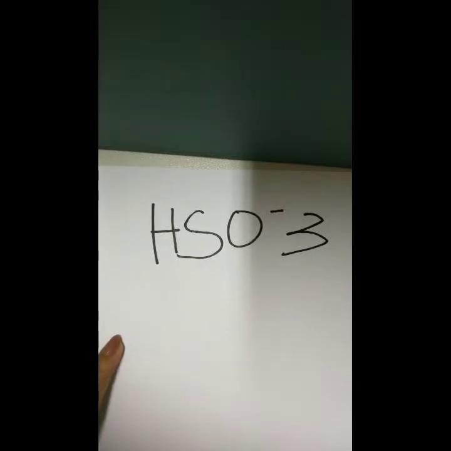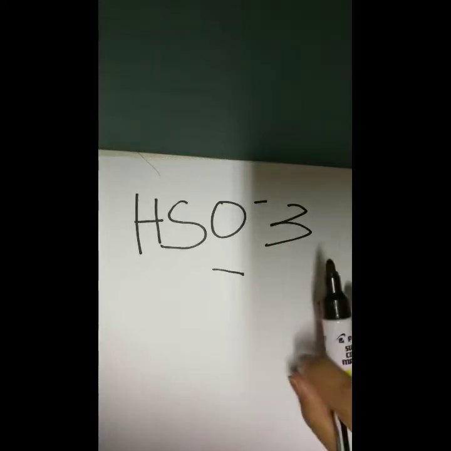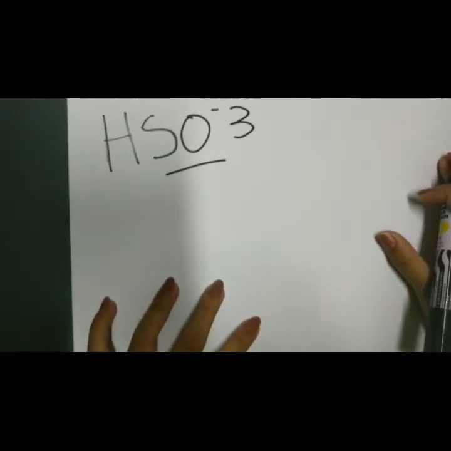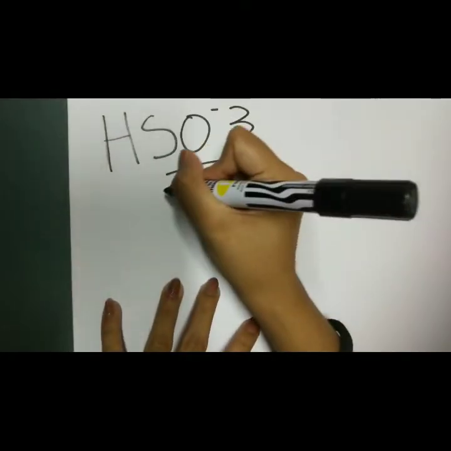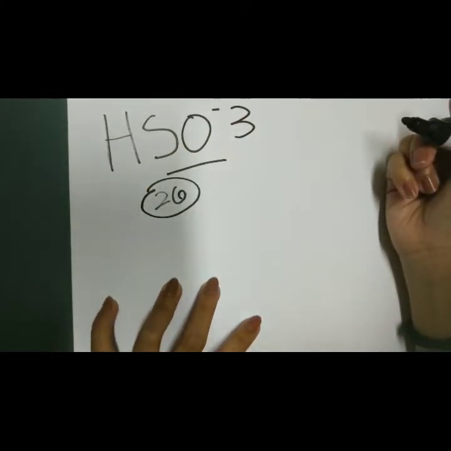It is a hydrogen sulfite ion, and the SO3 component of this polyatomic ion is sulfite and normally has a negative 2 charge. Bisulfite ion has a total of 26 valence electrons.